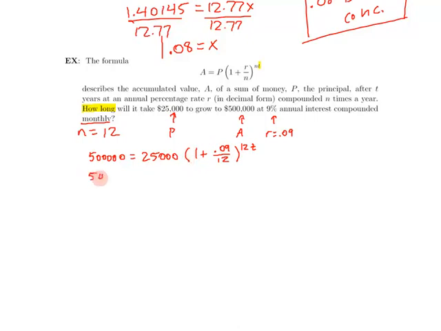So that would be 500,000 equals 25,000 times 1 plus 0.09 divided by 12, which is 0.0075, raised to the 12t, which I could go ahead and combine in one step. Now let's write that all together as 1.0075.